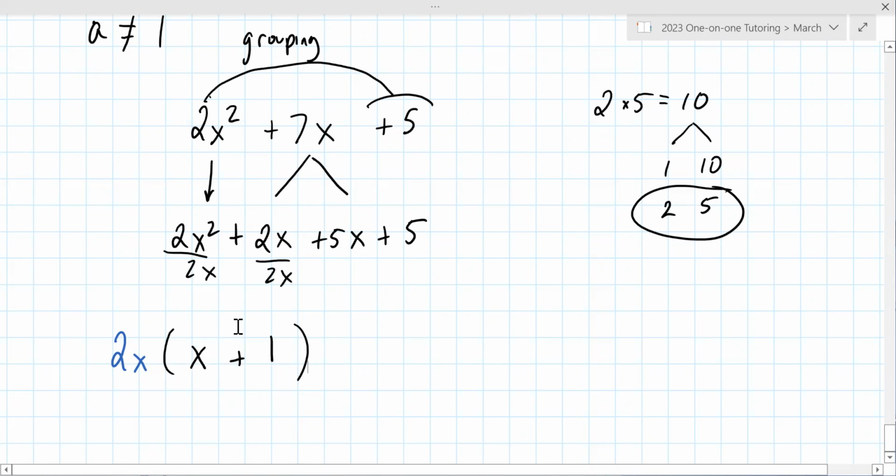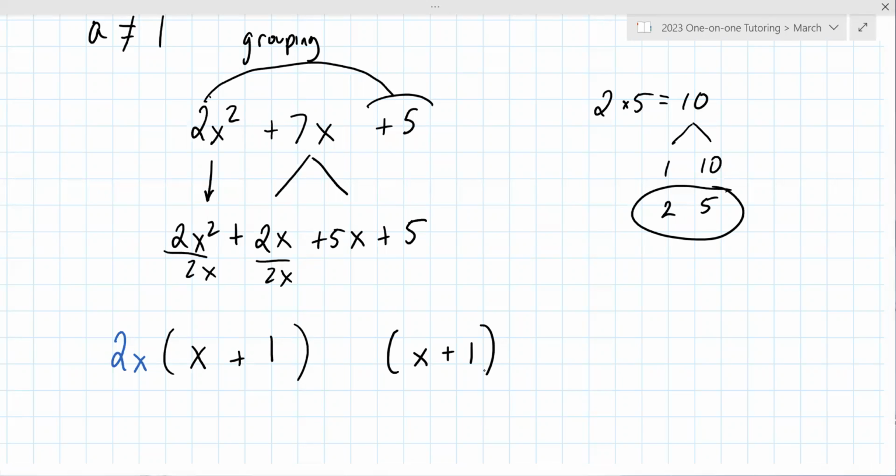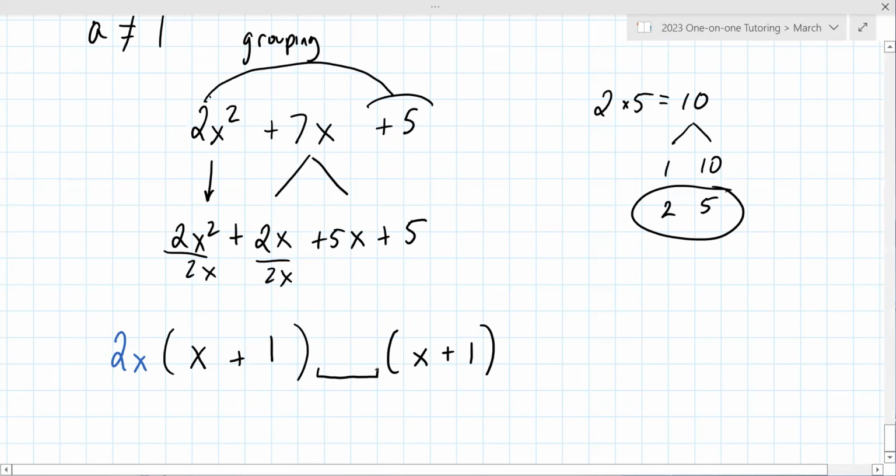Now this is kind of the awkward part. So after you do this, you immediately write what's in parentheses over here to the right. And you may not know why at the moment, but that's the procedure. So then there's this placeholder here, and you got to figure out what number goes in here such that when you multiply in, you get back to the previous line. And it's good to look at that constant.